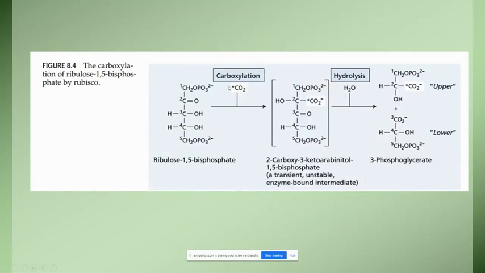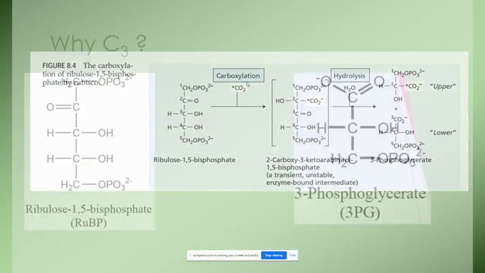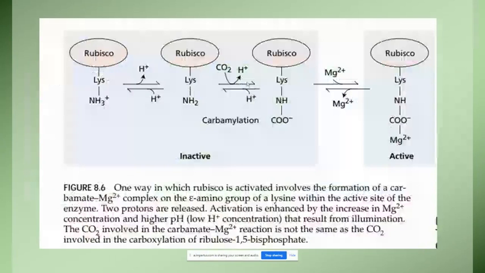Before carboxylation, one step is there, called carbamylation. This takes place due to a lysine present in the active site of Rubisco. Lysine is a charged, basic amino acid to which CO2 will attach.